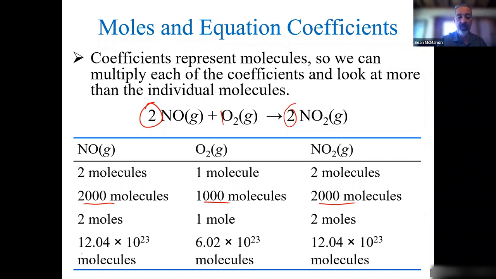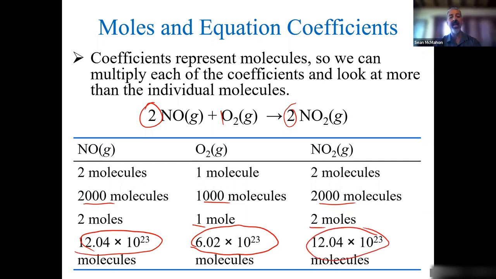So 2 times 6.022 times 10 to the 23rd, 1 times 6.022 times 10 to the 23rd, and 2. This is better. Why? Because I can weigh out a mole of these molecules by simply looking at a periodic table and changing the unit to grams. So that's what we're going to be doing.